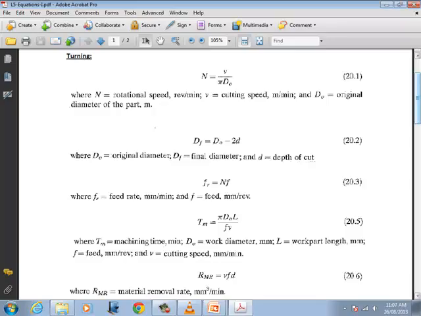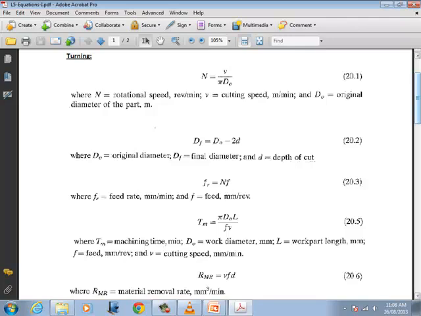And here we've got FR standing for feed rate, which is N times F. F is feed, which is given to us in this problem. N is something which we can compute by making use of the equation up here. The equation for machining time is given here.